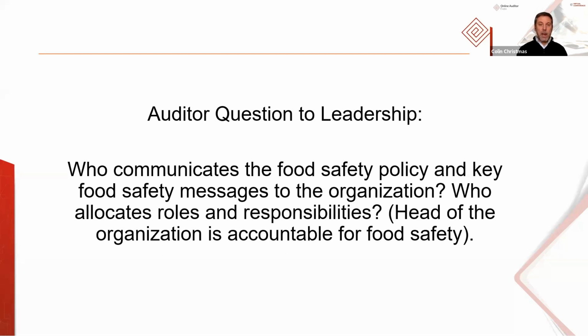And then in addition, who allocates roles and responsibilities? Roles and responsibilities must be allocated by the head of the organization. We must be seeing different heads within the organization taking accountability. Engineering must own things like line release and line repairs. Quality have input to that process.